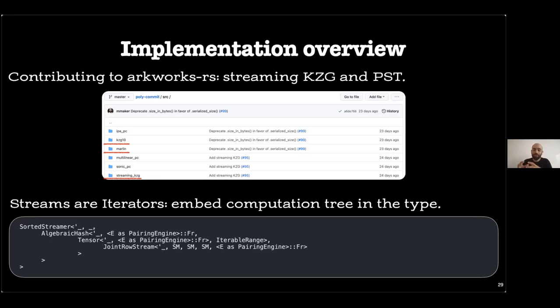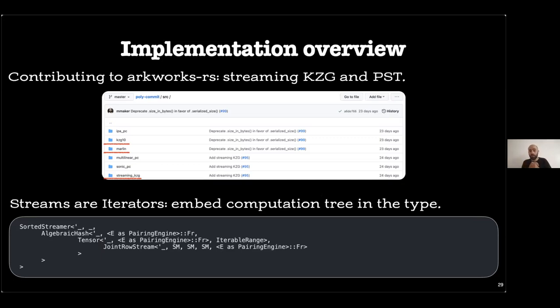So it is a bit of a pain to get this done correctly, but you essentially have 0 overhead for composing streams. For instance, you end up having streams that belong to a matrix that you multiply by other vectors, over which you do, for instance, algebraic hashing. You end up composing these streams and you end up with these huge types, but that is the price for having a very efficient protocol.